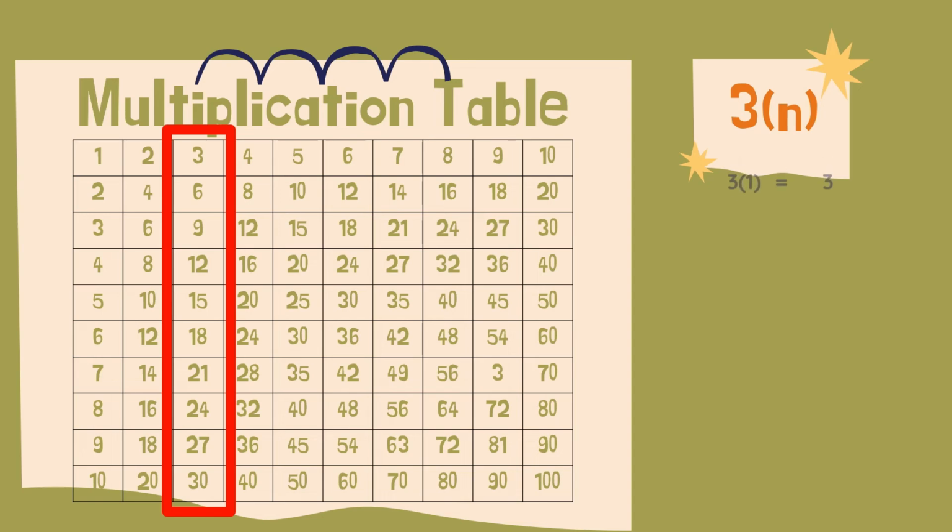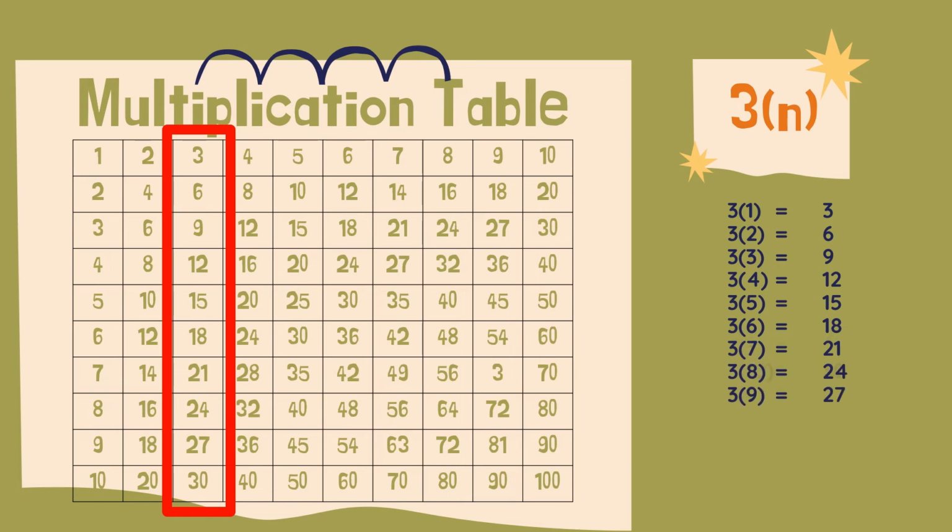That's 3 times 1 equals 3. How about the fifth term? That's 3 times 5, right? So that is 15. How about the 10th term? That is 3 times 10. So the answer is 3 times 10 is equal to 30.